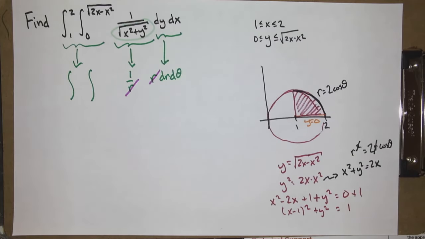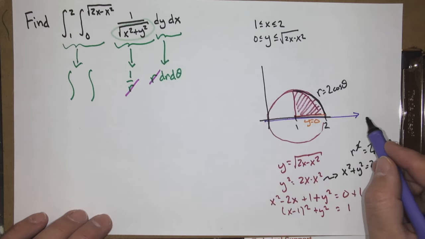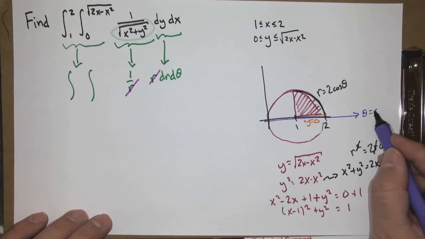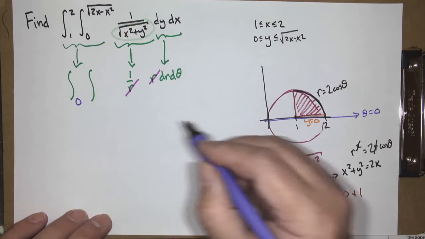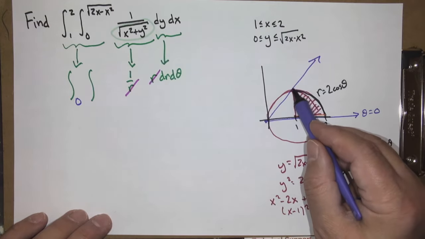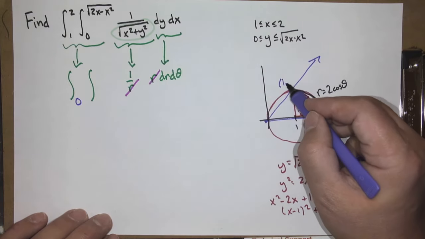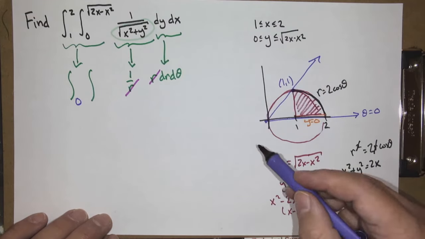We're feeling the love. Okay, so let's talk theta. Our region starts off in this direction. What angle is that? 0. It ends in this direction when we pass this very top corner, which, by the way, is at the point (1, 1). Which direction is that?